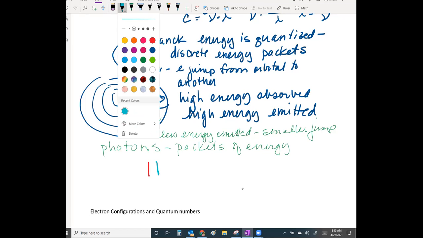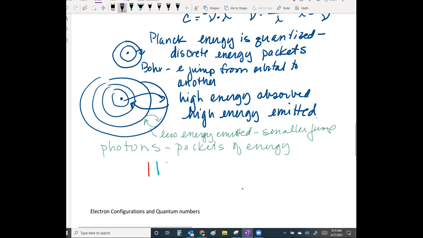Those little lines are the discrete packets of energy. All right, so if you were looking through a spectroscope at a tube of hydrogen, the electrons are going to be jumping back and forth and giving off that energy in those four amounts. That's all we can see. It gives off other energy in the infrared area and in the ultraviolet, but we can't see that. All right, so that's what we call an emission spectrum. And those are fingerprints.